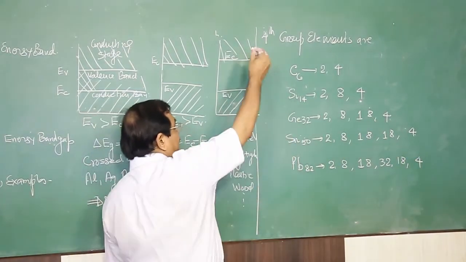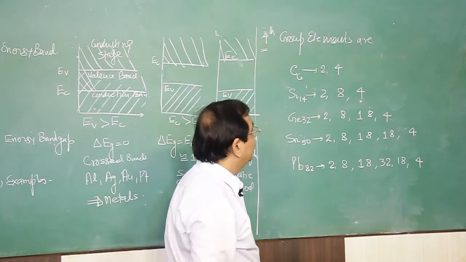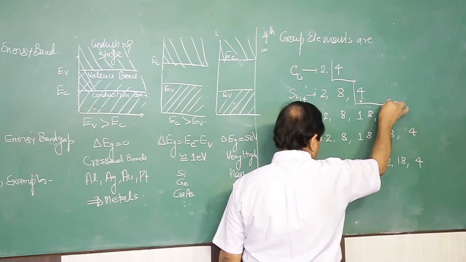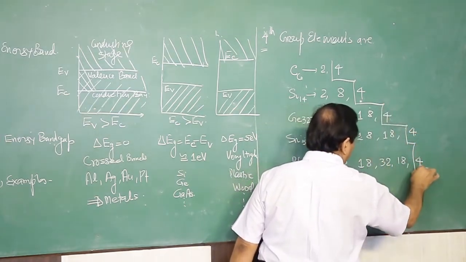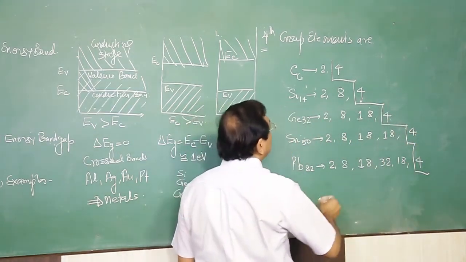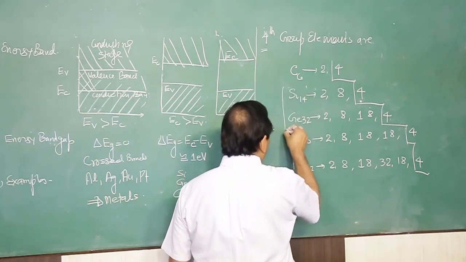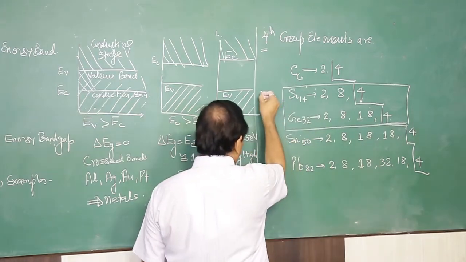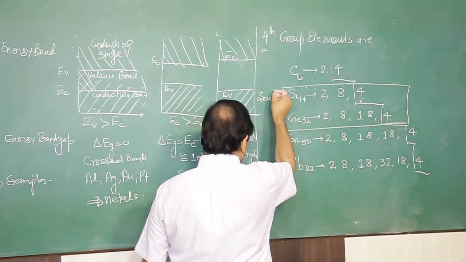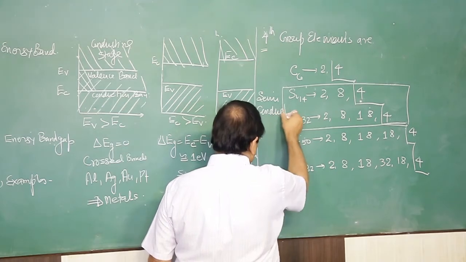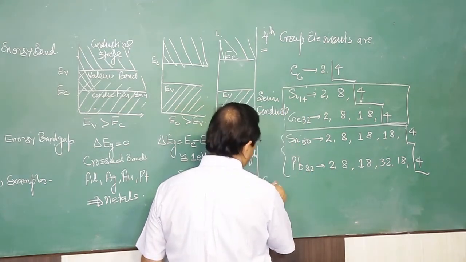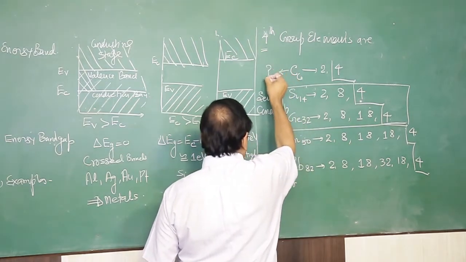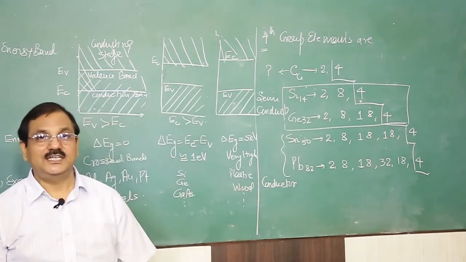So, in this fourth group element, the peculiarity is that the outermost electrons are 4. So, this particular block of the atoms are termed as semiconductors, and these are highly conductors, and carbon is a very different kind of material.